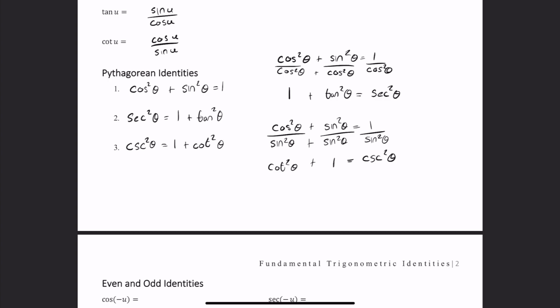As you can see, we have derived these two equations from the first one. So all you really have to memorize is cosine squared theta plus sine squared theta equals 1. And you'll basically have the other ones right there.